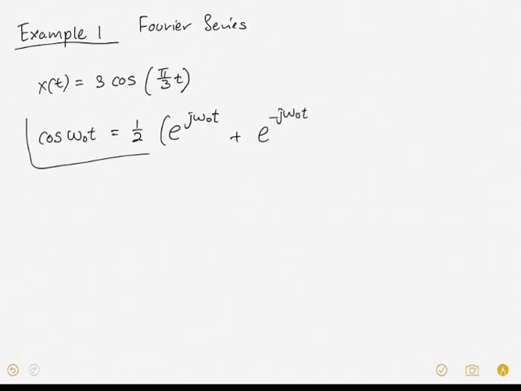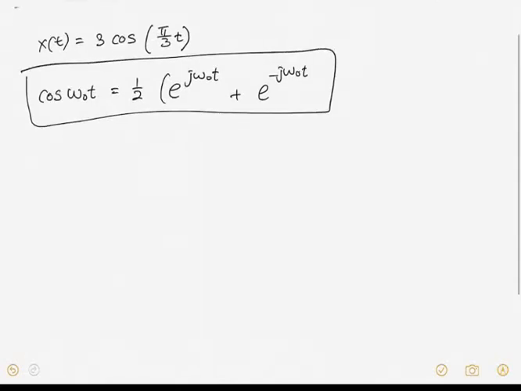So you have 3 cos, which is 3 times half, and then exponent j omega naught t.